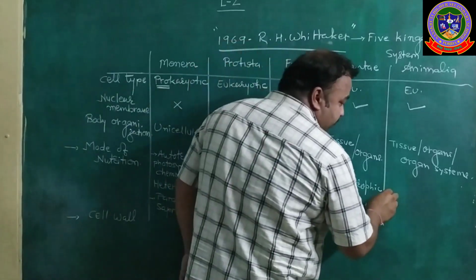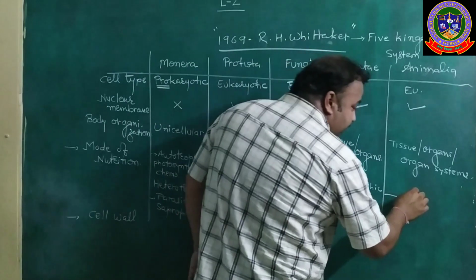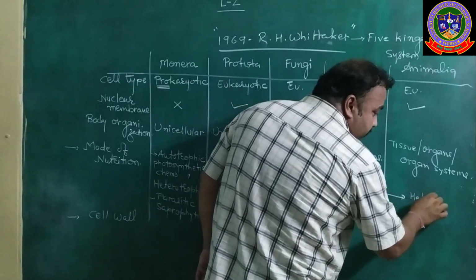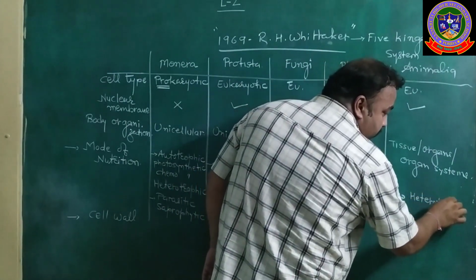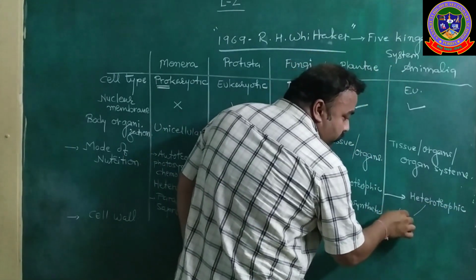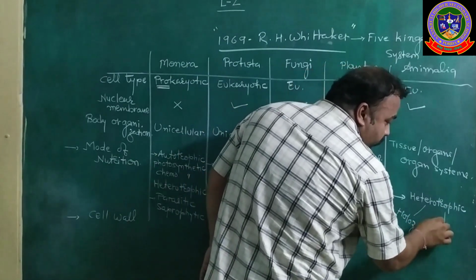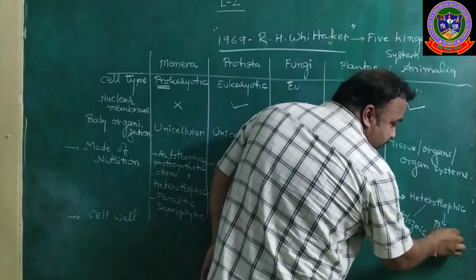And in Animalia, the mode of nutrition is heterotrophic, one is holozoic kind of nutrition, and another one is parasitic nutrition.